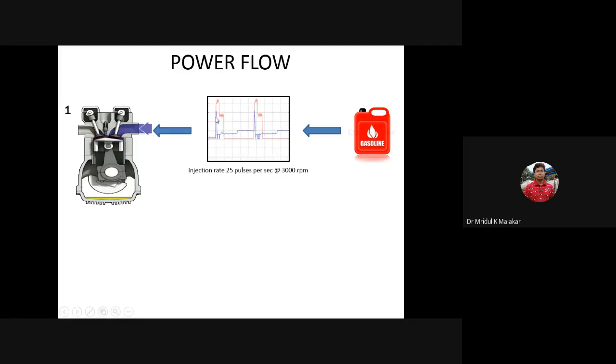One short spike continuously, and because of that spike you will get the spark, and that spark will finally transmit to the rotational engine shaft rotation.